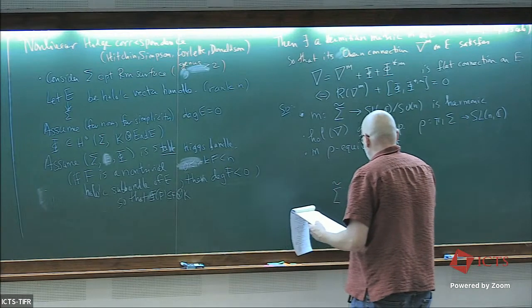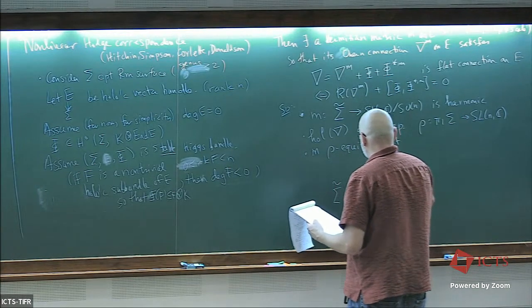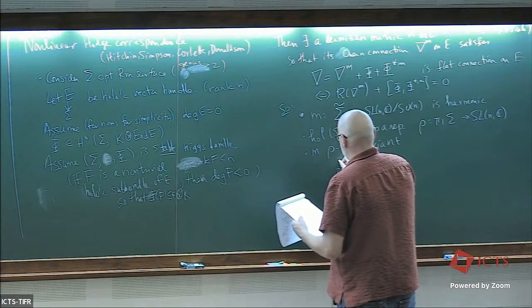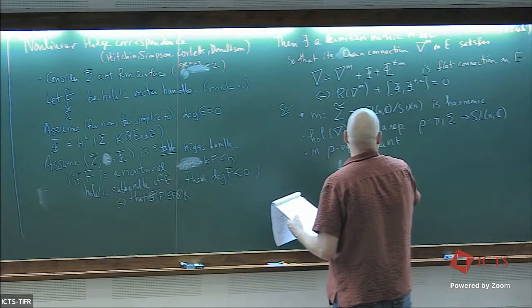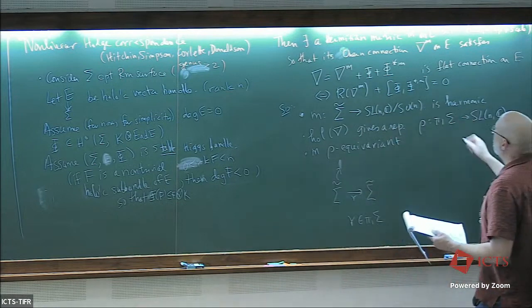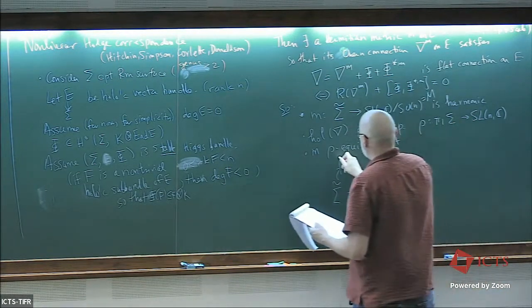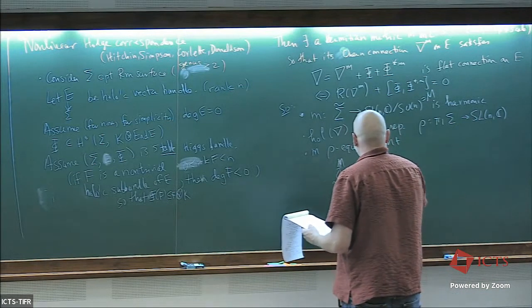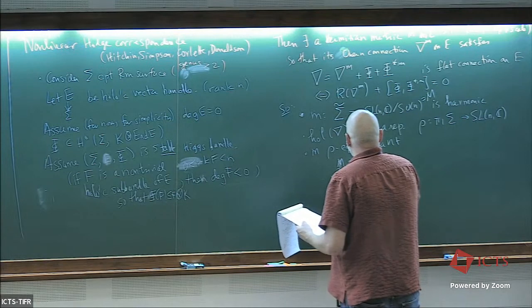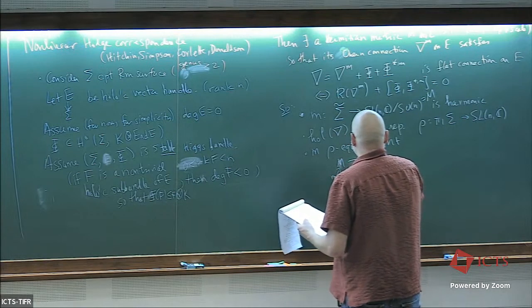If gamma is a deck transformation, and M is this map, so I'm calling this capital M, and little m is the induced map.